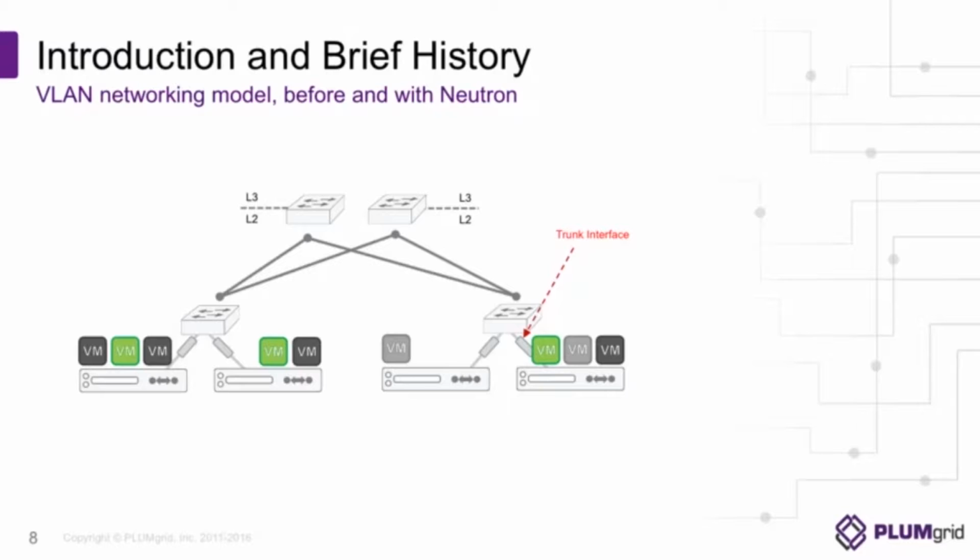As the diagram states, you would get a trunk interface coming into your compute nodes, and on that trunk interface, you can carve as many VLANs as you need for your tenants, and as a result, you would get one VLAN per tenant, and you'll get multi-tenancy. You will get layer 2 isolation and overlapping IP address space.